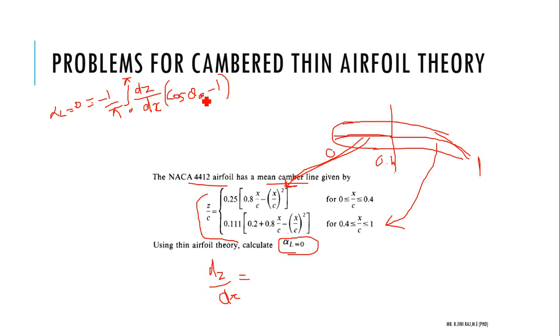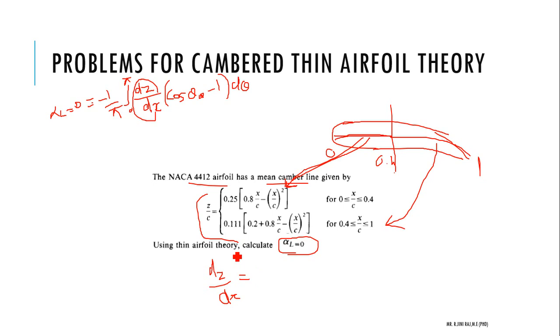So this is the equation for finding alpha L equal to 0. If we know the value of dz by dx, we can proceed with this sum. So first we need to find dz by dx.